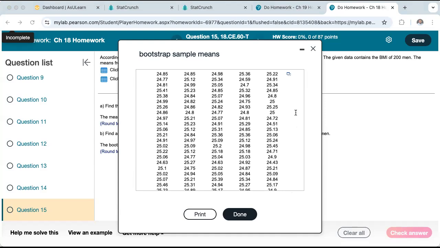So the 2.5 here, to 2 decimal places, is 24.61, and then 25.50, I think.